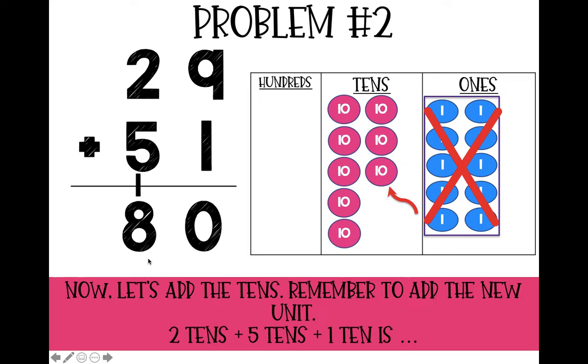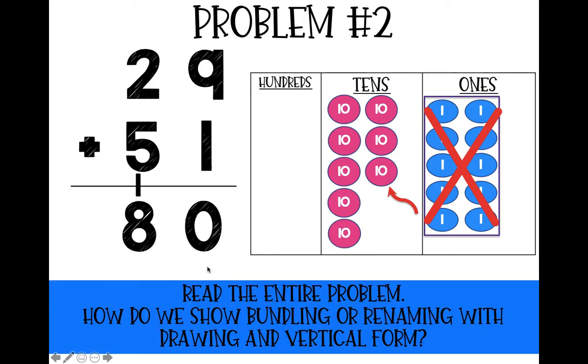So we need to write our 8 below the line in the tens place. If you look, our place value chart matches our vertical form. They both show that we made a new 10, and they both show 8 tens and 0 ones. We know that 29 plus 51 equals 80.